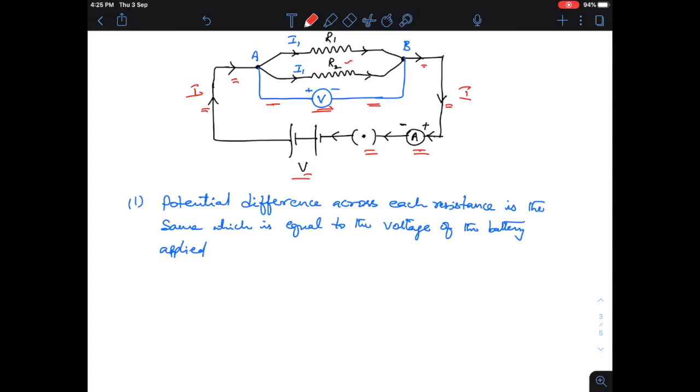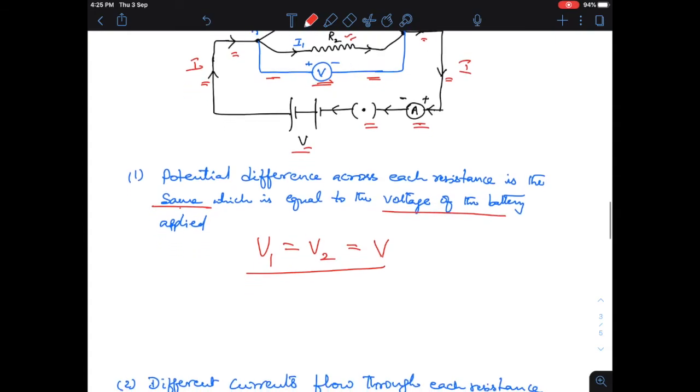So, I can write this as potential difference across each resistance: V1 is equal to V2, which is equal to the voltage of the battery V.